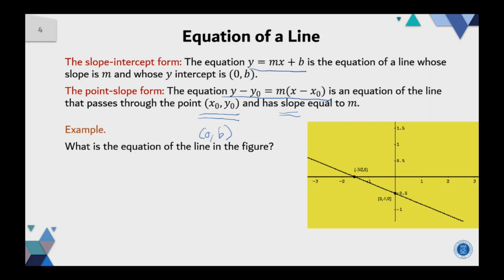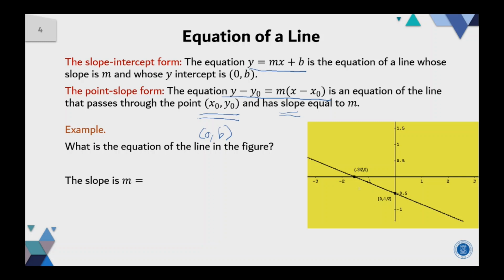What about the slope? Of course, we have to count the slope first. The slope will be the difference in y direction divided by the difference in x direction.